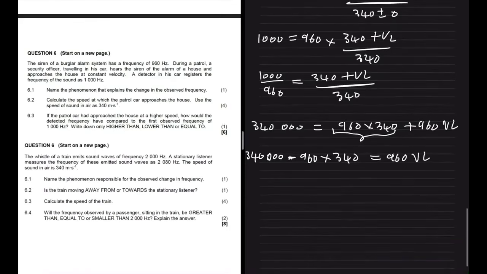I'll divide both sides by 960, so we end up with VL equals 340,000 minus 960 multiplied by 340, divided by 960. Let me put that into my calculator.